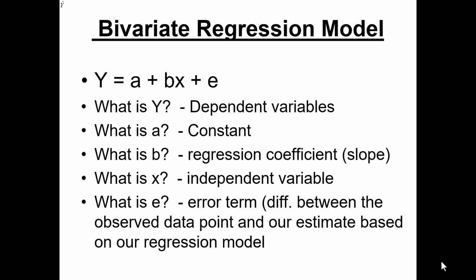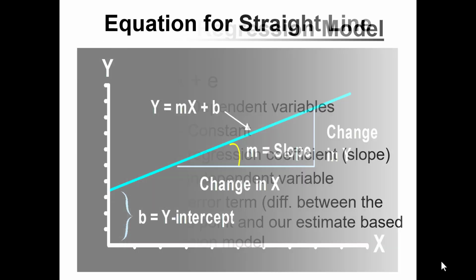E is the error term, which is the difference between the observed actual data point and what our linear regression model would predict given the value of x. And usually there's a difference. It's rare that our predicted value of y actually matches the actual value of y. But on average, it gets pretty close, right? If it's a good model, a good fit.